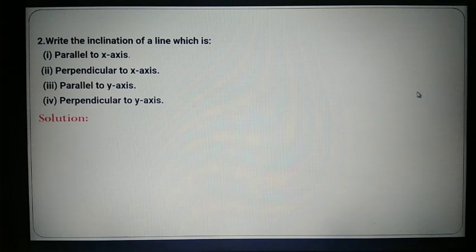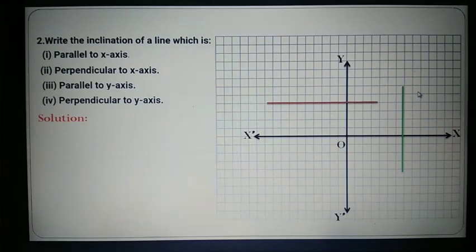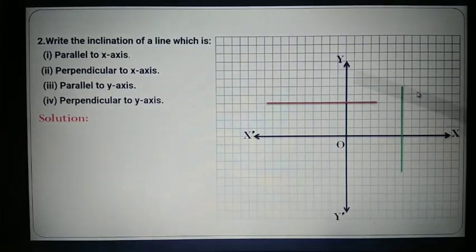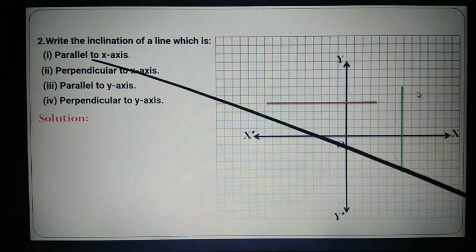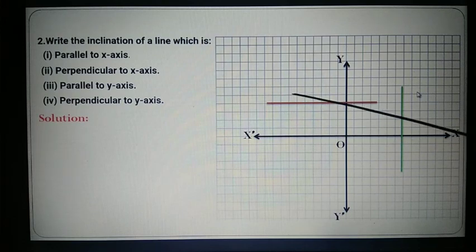Okay, so the next question says we need to find the inclination of a line which is parallel to x-axis, perpendicular to x-axis. So all these cases we'll understand through this graph. Now there's a line. Okay, so let's go to the first case, that is parallel to x-axis. So this brown line is parallel to x-axis. Yes or no?